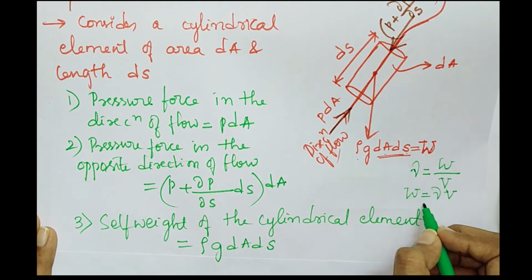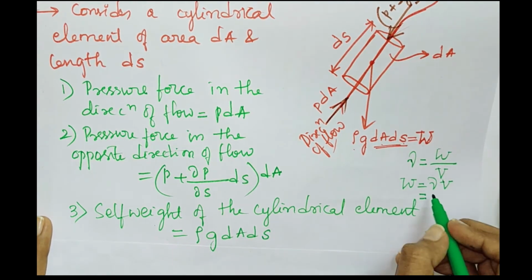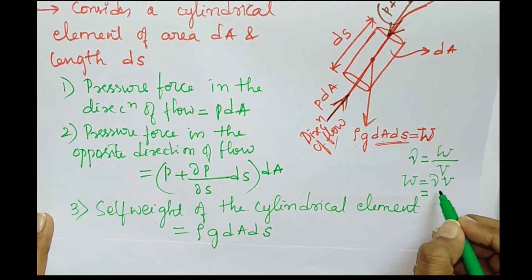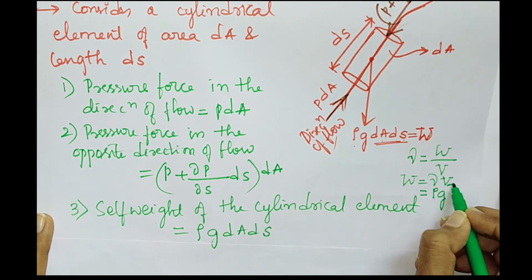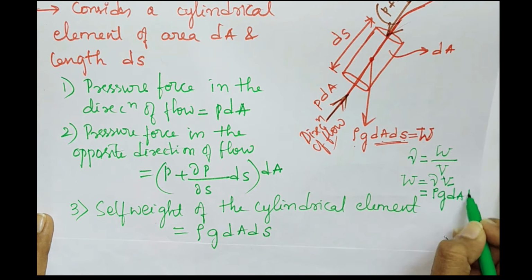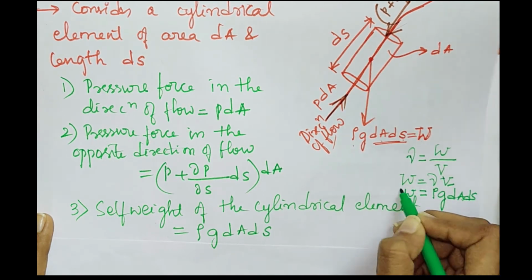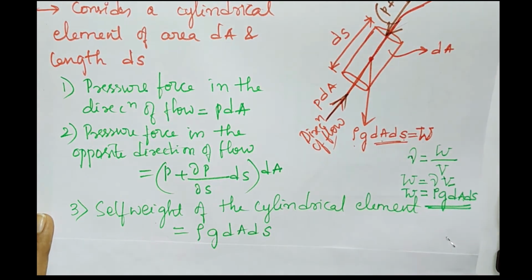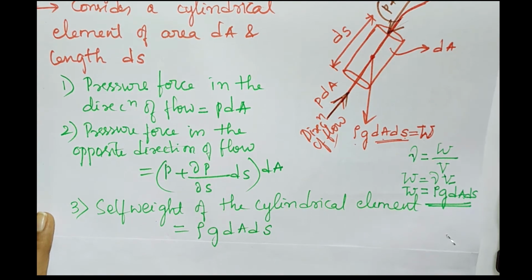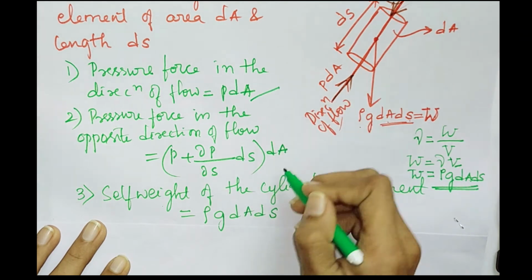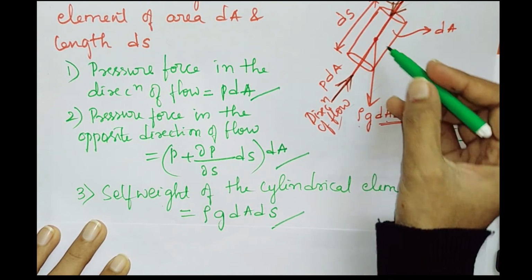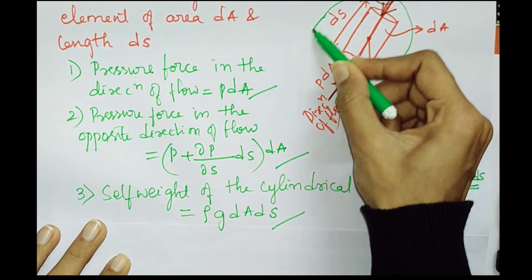Gamma is the specific weight, and the relation for specific weight in terms of mass density is ρ g. Volume is area into length, that is dA into ds. So it is ρ g dA ds. These are the three forces which act on this cylindrical element.